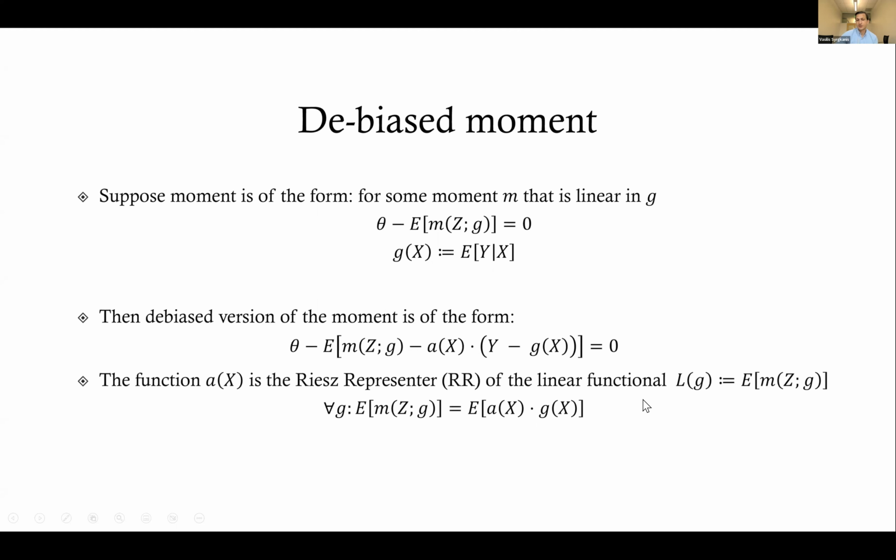And the answer to that question is that A of x should be what is known as the Riesz representer of the linear functional.